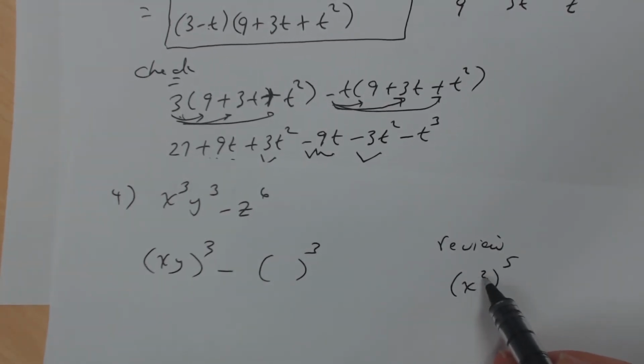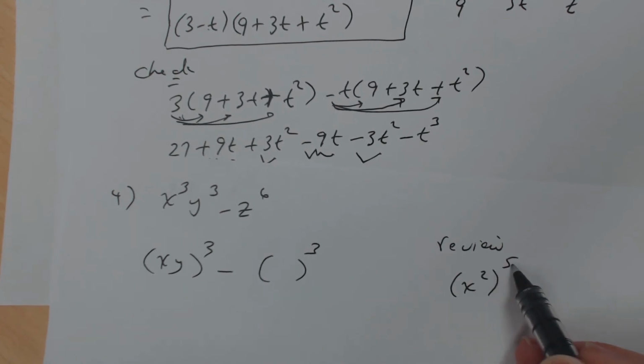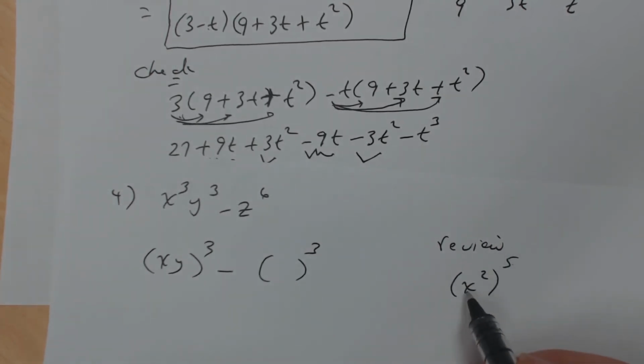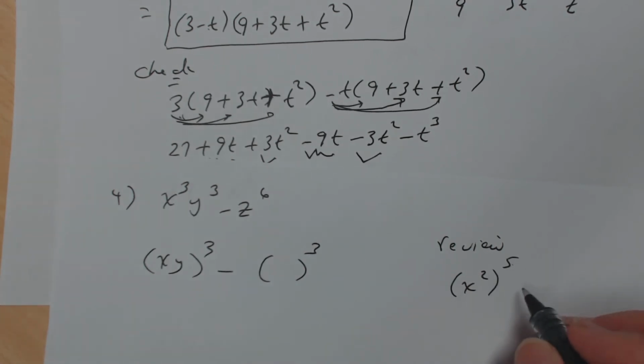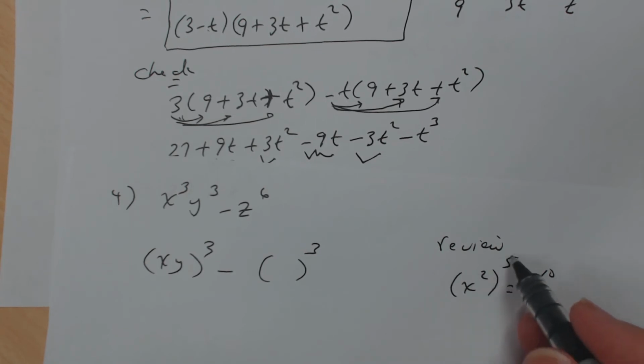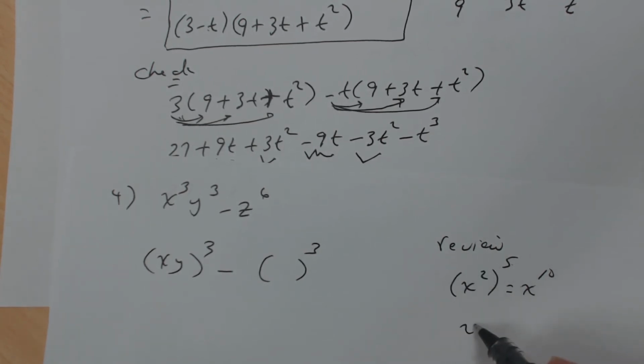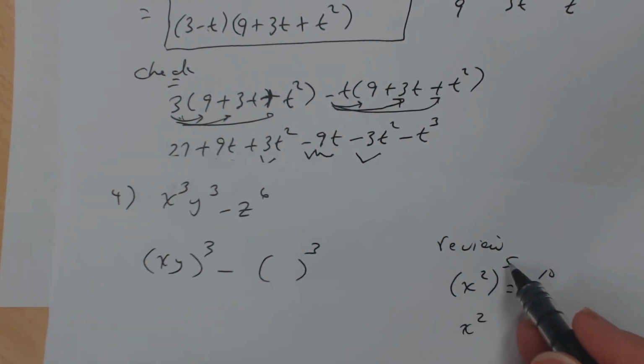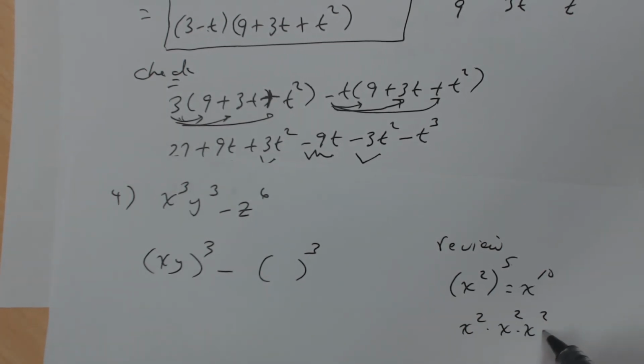When you raise a power to a power, you multiply exponents. So x squared raised to the 5th power is x to the 10th. This means I take the base and multiply by itself 5 times: x squared times x squared times x squared times x squared times x squared.